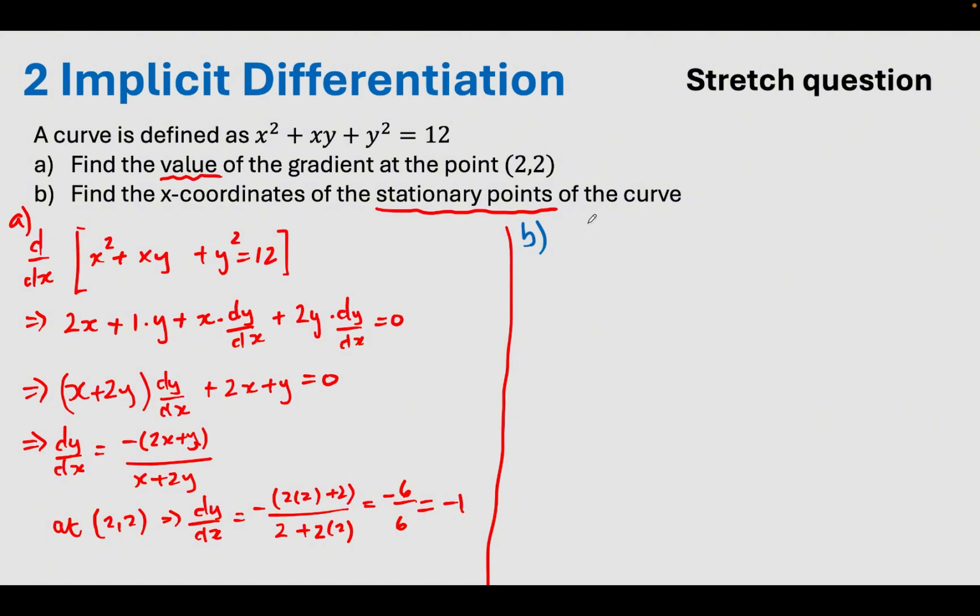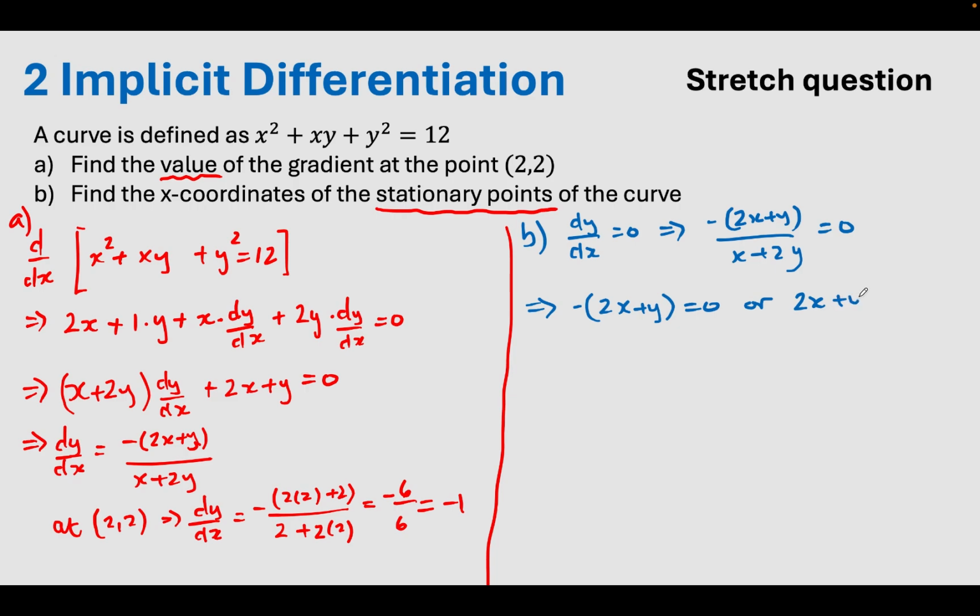Now, for part B, I'll change the colour of the pen. So, at the stationary points, well, that's when dy/dx equals 0, which means that's when minus bracket 2x plus y over x plus 2y is 0. Now, that will happen when the numerator is 0. So when minus 2x plus y is 0, or, in other words, just when 2x plus y is 0.